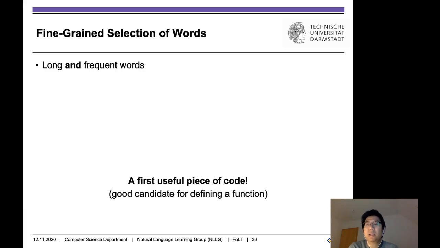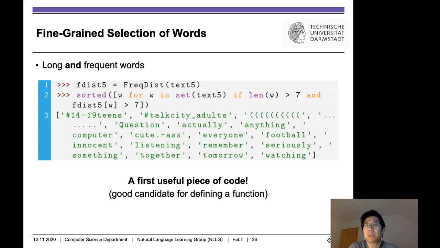So if we want to find informative words in a given corpus, probably we need to find the intersection between long words and frequent words. To do so, we can write a piece of code like this. Then we will get the words that are both long and frequent in a given corpus.